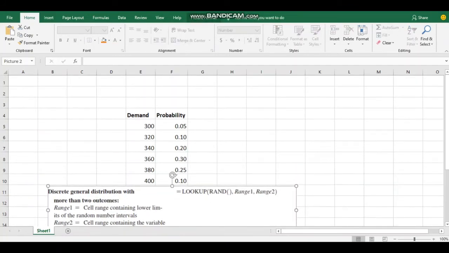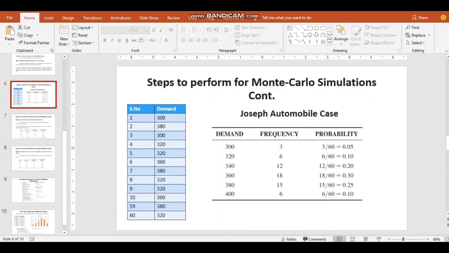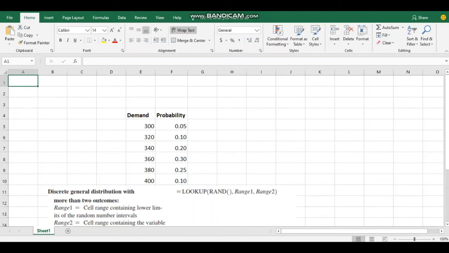Now coming to the question, what was the case study question? The selling price he wanted was rupees 74 per unit. So how do I write that? Joseph Private Limited had a selling price.